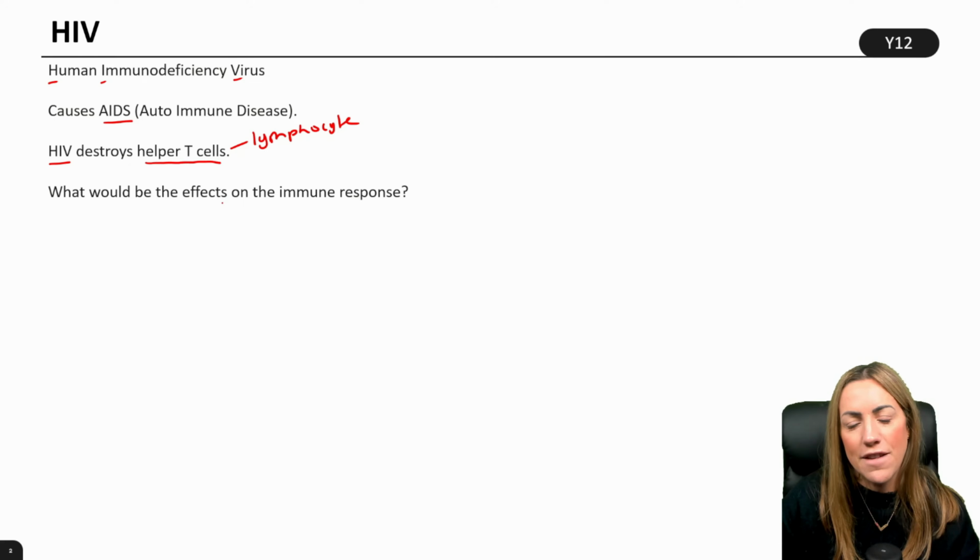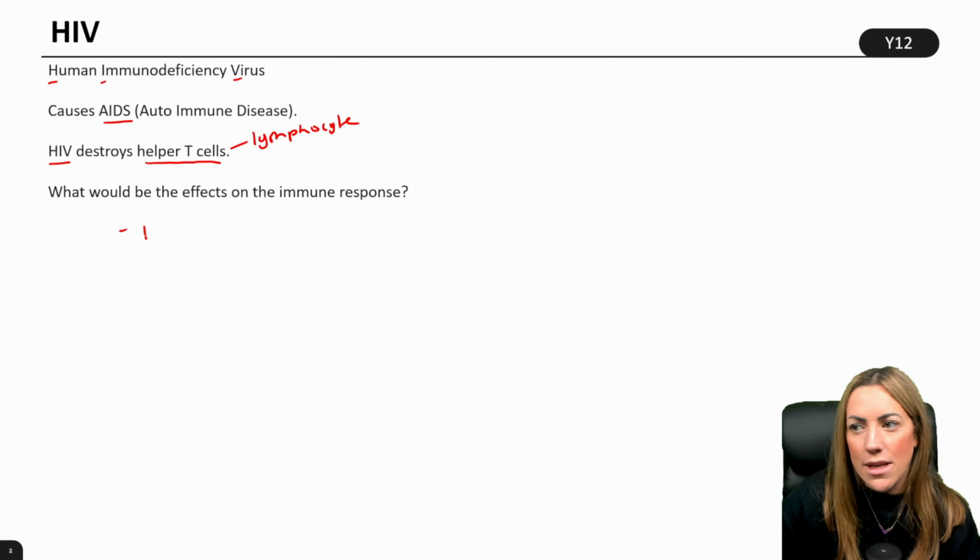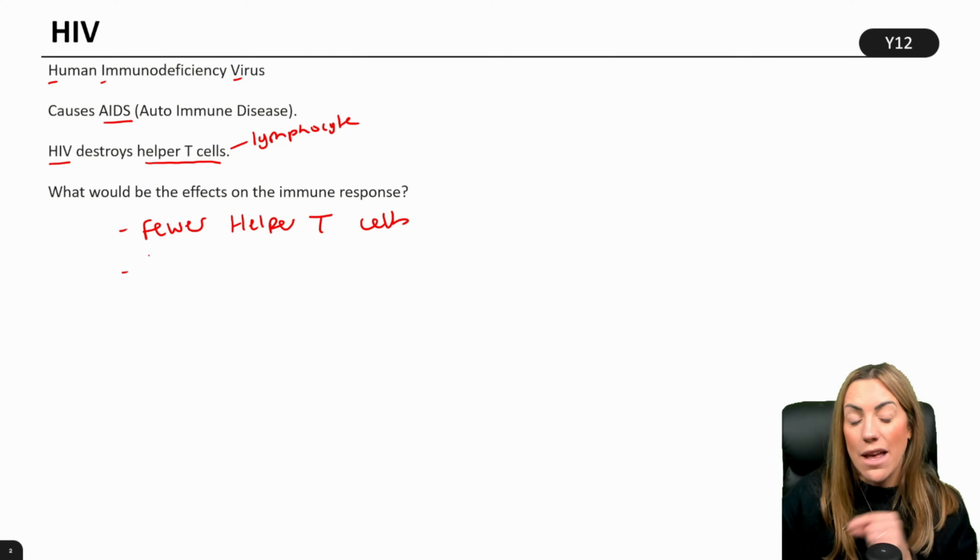Now, if HIV infection is present and HIV is destroying helper T cells, what would be the effect on the immune response? So let's revise immunity a little bit here. If we're destroying helper T cells, we're going to have fewer helper T cells. And that means we have fewer helper T cells to activate the B cells or the B lymphocytes.